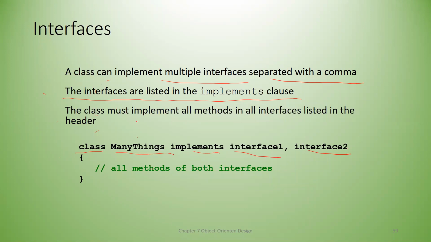So then you have to implement all the methods listed in interface 1 and interface 2. Java can, oh, we haven't discussed inheritance. Okay, I'm going to pass that. So you can implement multiple interfaces, okay?